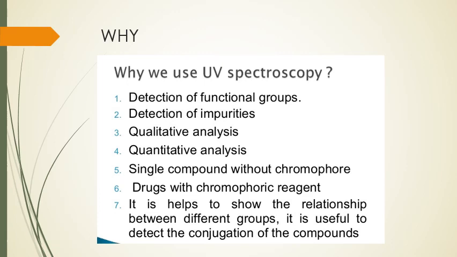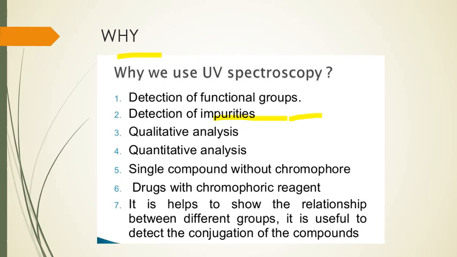Why do we use UV spectroscopy? It is very useful spectroscopy if we give these high energy radiations. It is very useful for the detection of the functional groups present in the molecule.